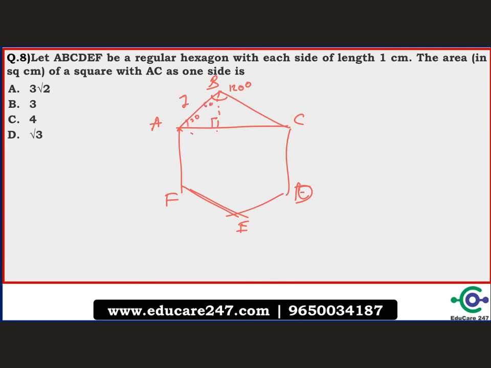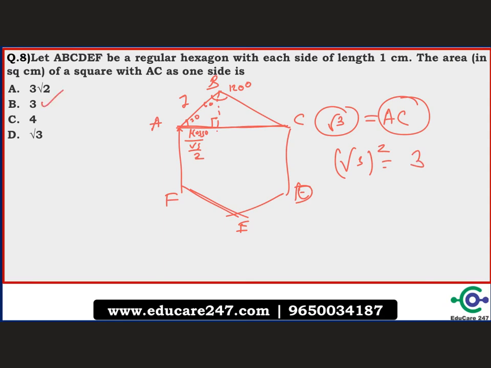Hence this is 1 cos 30, by Pythagoras. And this will become root 3 by 2. Hence the complete side will be root 3. So AC becomes root 3. Hence the square which has AC as one of its sides will have area root 3 square, which is 3, option number B.